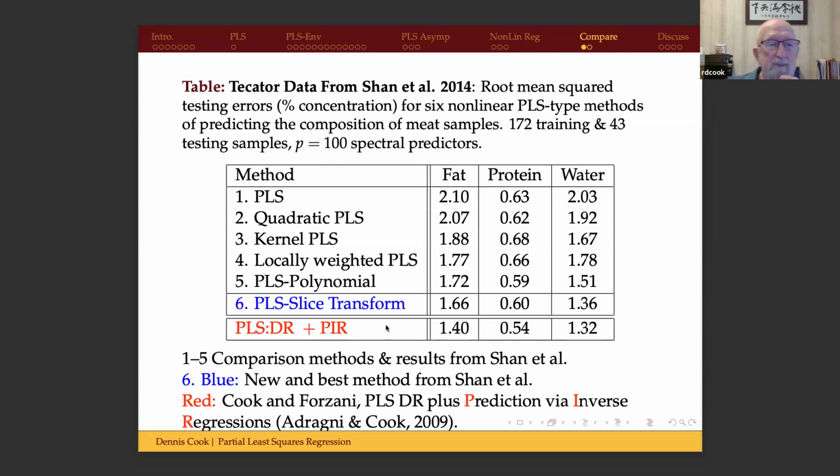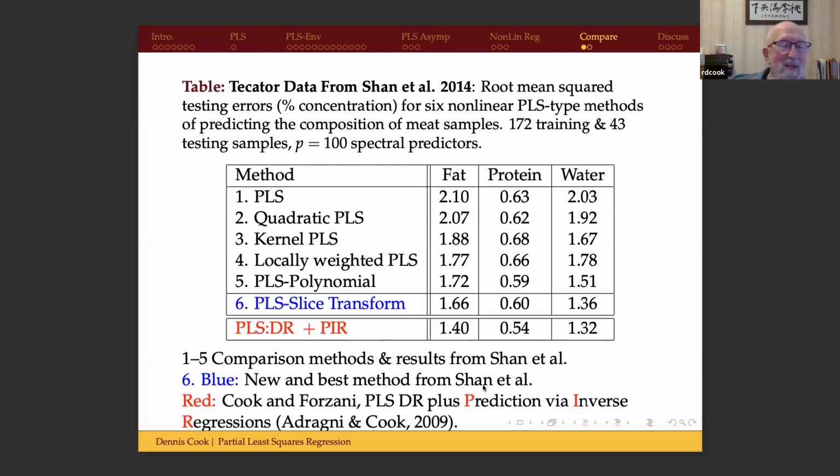To see how the ideas that we were coming up with work, we took the data set and we simply applied partial least squares, the dimension reduction part. So we got W. From W, we got the reduced predictors, and then we applied a method, prediction via inverse regression, that one of my former students, Kofi Andragini, proposed in 2009 in a JRSSB paper.